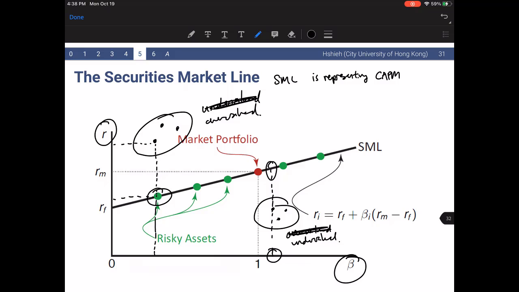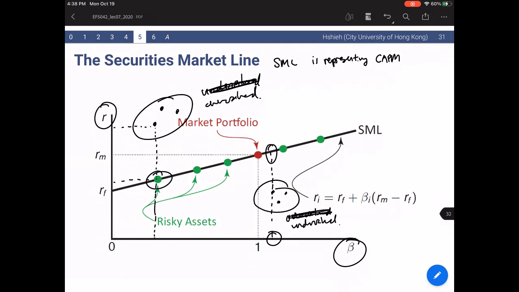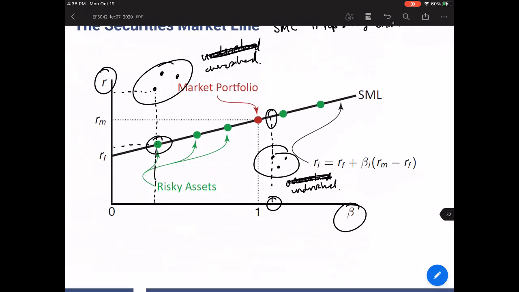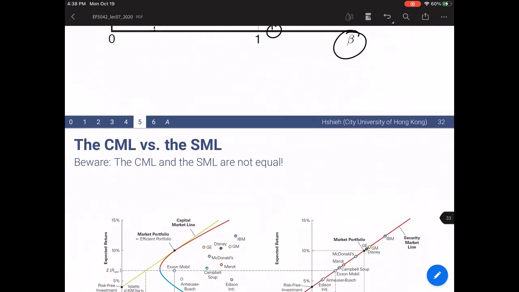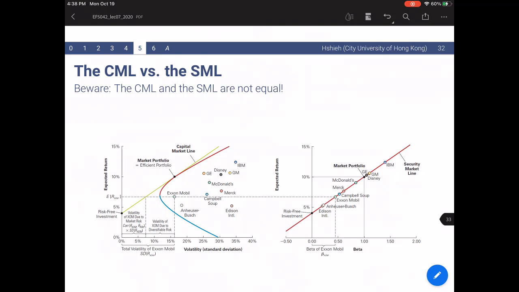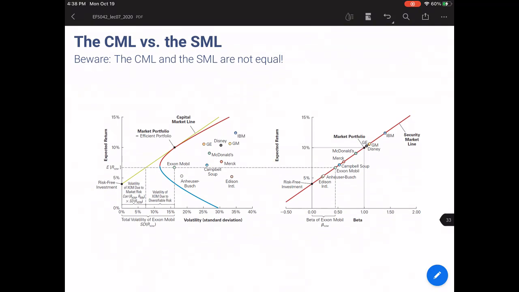So if you believe the model is right, then we suspect that the returns may increase over time. And as I stated already, be aware that the capital markets line and the security markets line are not equal.